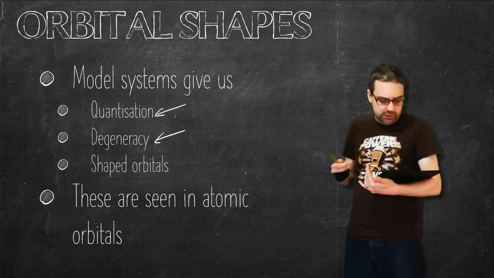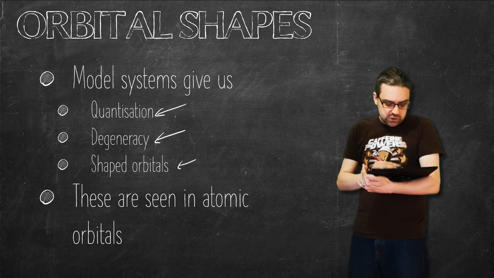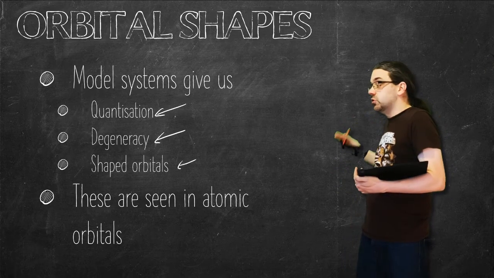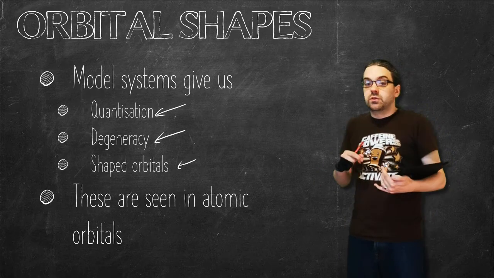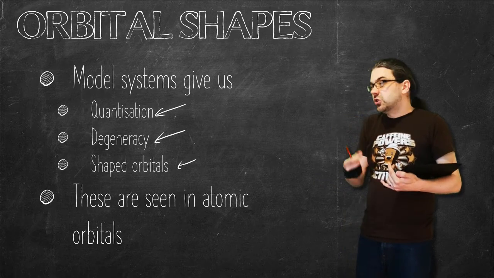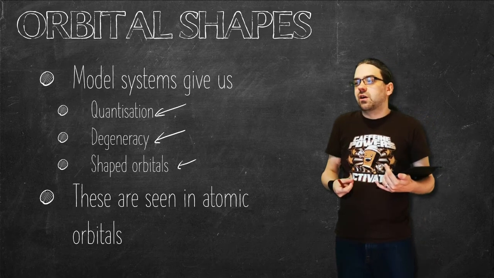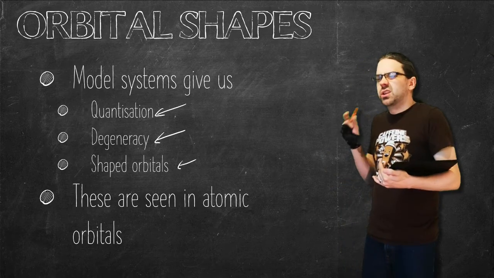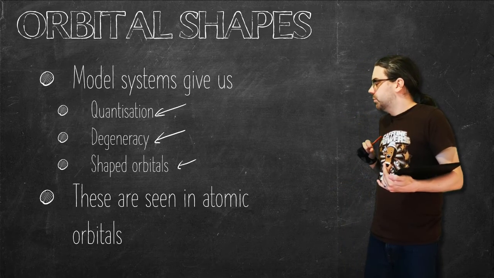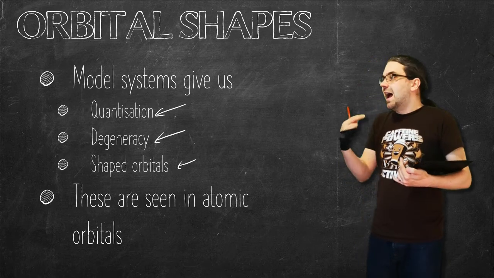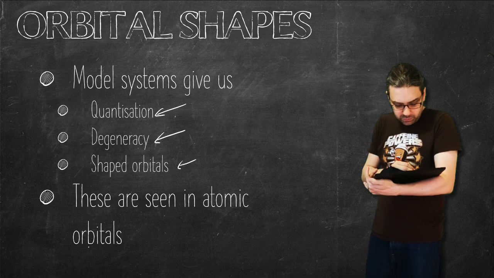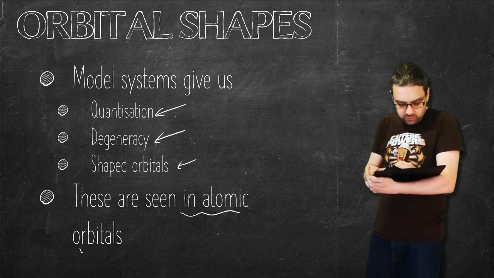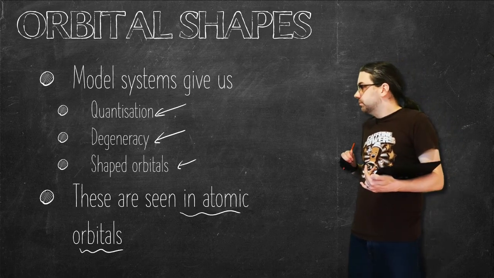It's a little trickier. And we can also justify the shape of the atomic orbitals by looking at these models. The 2D and 3D box, for instance, can sort of help justify how p orbitals are shaped. They can't really justify how d orbitals are shaped, unfortunately, but there is a nice analogy connecting the two there. So all of those properties are seen in real atomic orbitals.